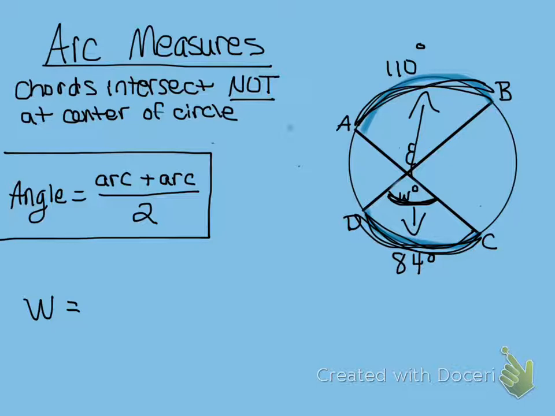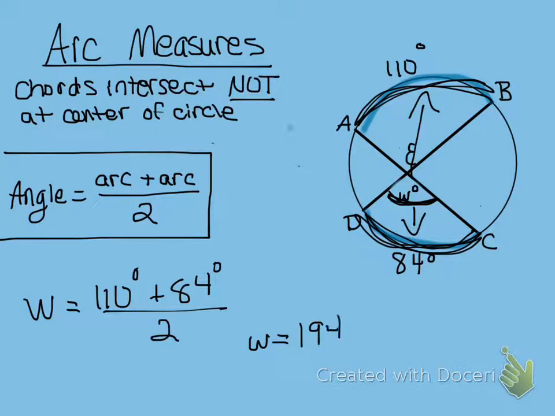So we're going to do arc plus arc, so 110 degrees plus 84 degrees divided by 2. So that gives me W equals 194 divided by 2. So W equals 97 degrees. That's it. That's how you use it.